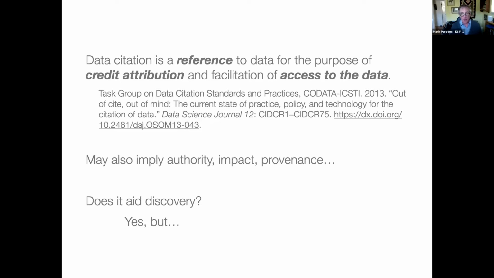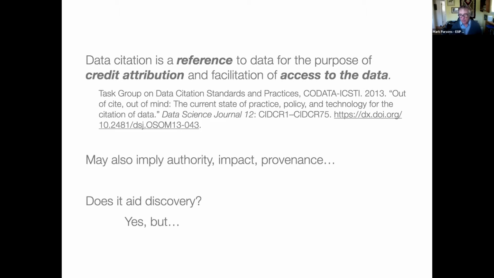ESIP has some pretty well recognized data citation guidelines that were just updated a little over a year ago. In those guidelines, we adopt this definition from CODATA: data citation is a reference to data for the purpose of credit attribution and facilitation of access to the data. So referencing, getting to the precise thing that you're talking about.